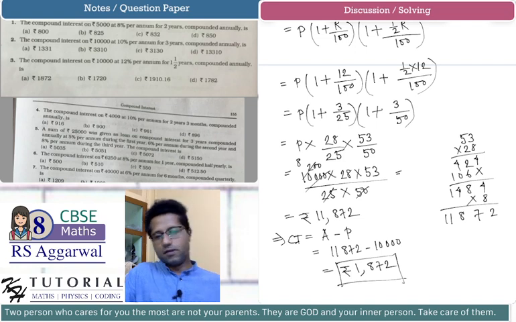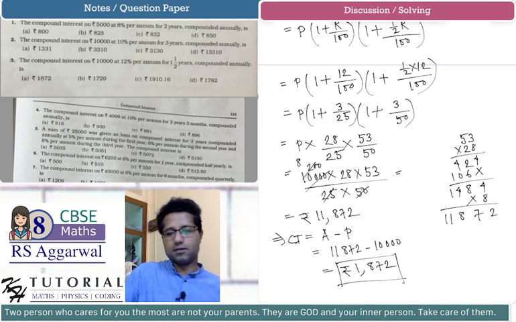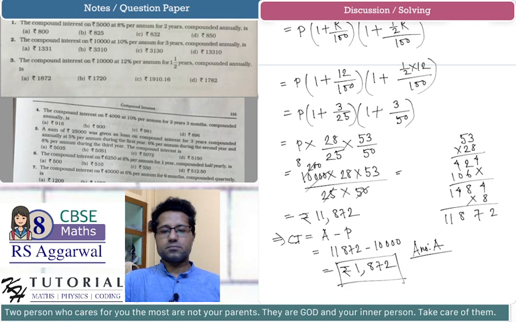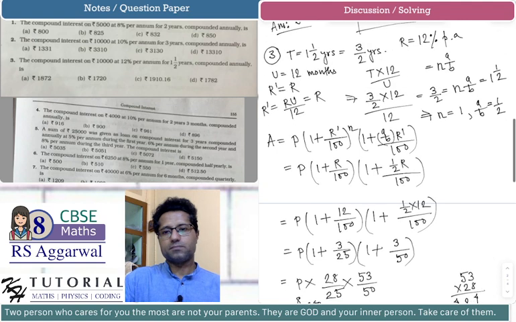Rupees 1,872 is the compound interest, and hence the correct choice is A. Let's do problem number 4.